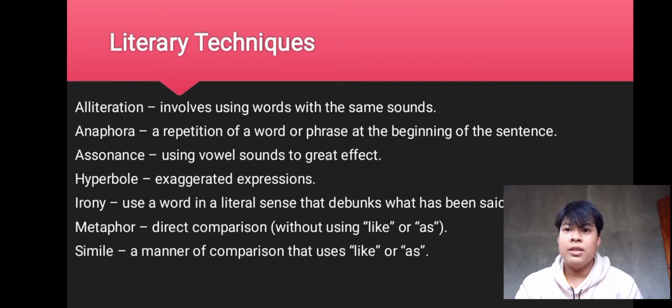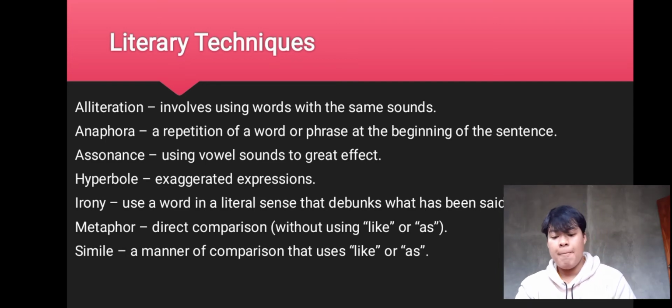Alliteration does not refer to repetition of consonant letters that begin words, but rather the repetition of consonant sounds in words. If the words begin with different consonant letters but produce the same consonant sound, it is alliteration.